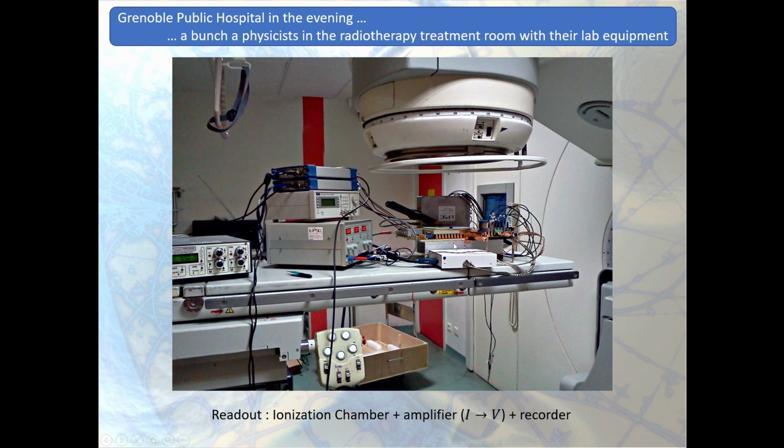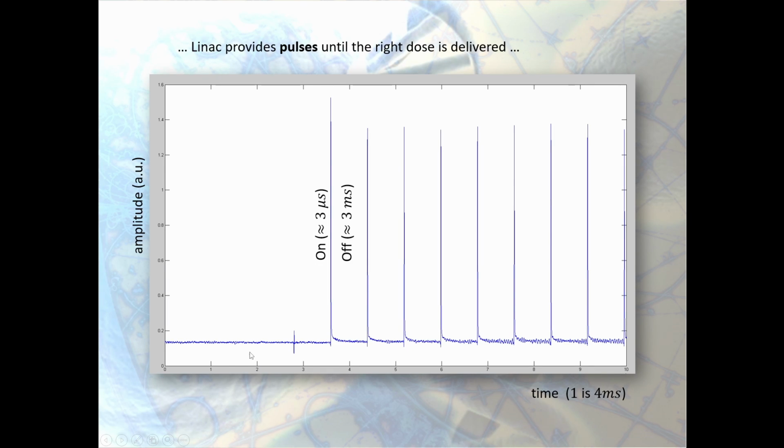This device was able to acquire in real time the beam characteristics from the LINAC head, and this is what it looks like. On the x-axis you've got the time in milliseconds, portions of milliseconds, and you've got amplitude in arbitrary units, coming from one pixel of our pixelated ionization chamber.